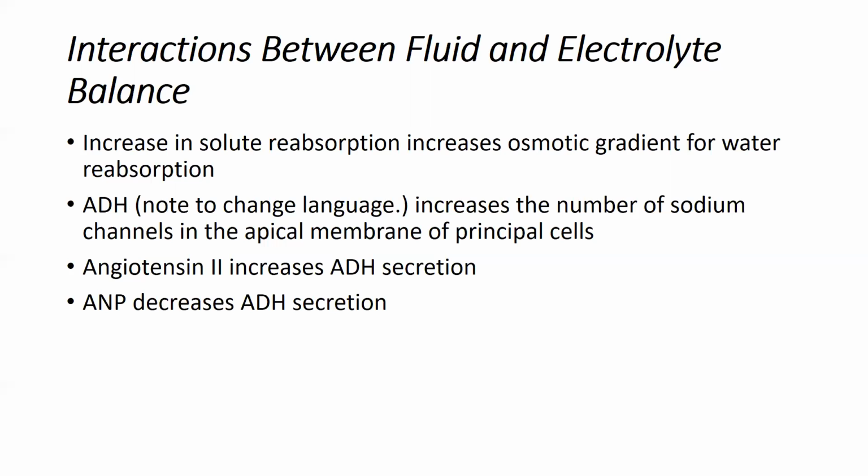So it decreases those sodium channels on the apical membrane of those epithelial cells, specifically at the regulatory parts of the tubule, so the collecting duct and the distal tubule. All right, and so that's going to decrease sodium reabsorption, and that's going to be antagonistic to ADH as well as aldosterone.